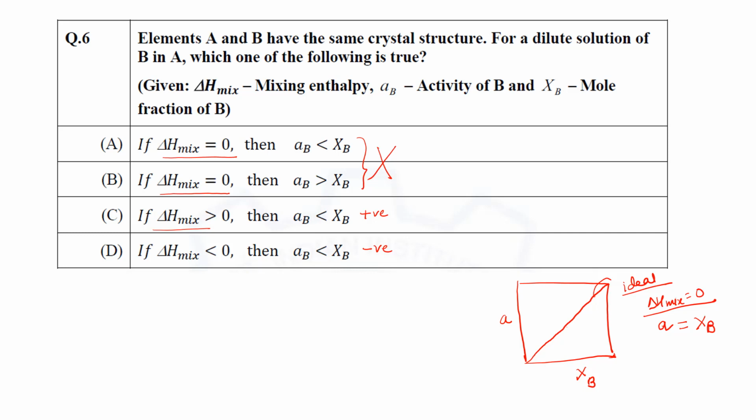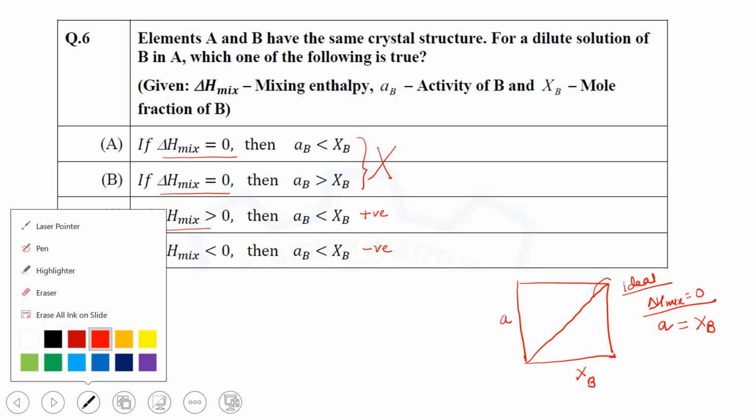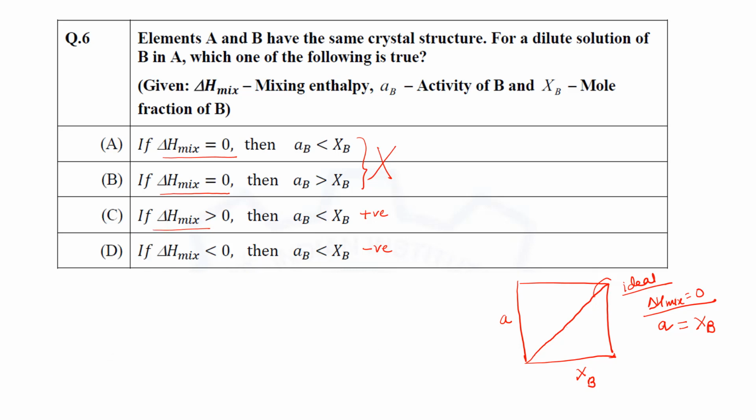So these are non-ideal solutions. If you see the graph, for a positive deviation, it will go somewhat like this, and for a negative deviation, it will go somewhat like this.